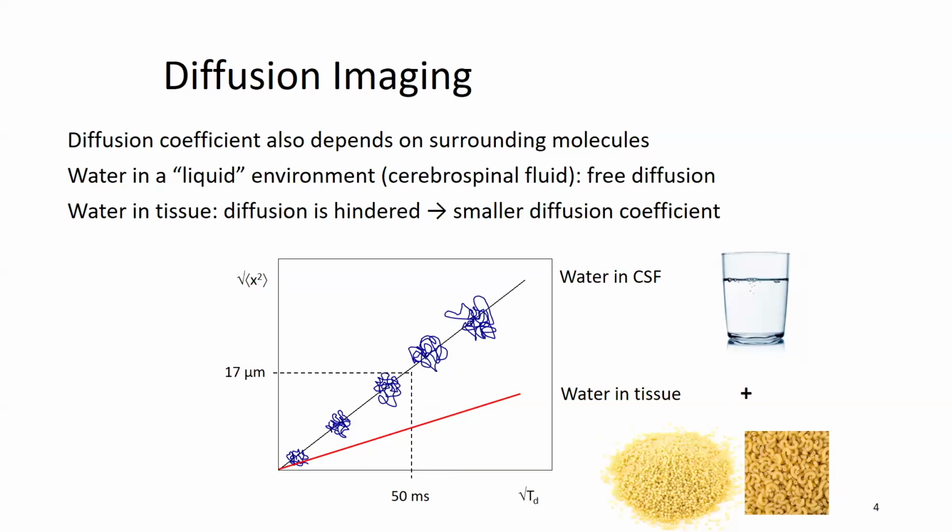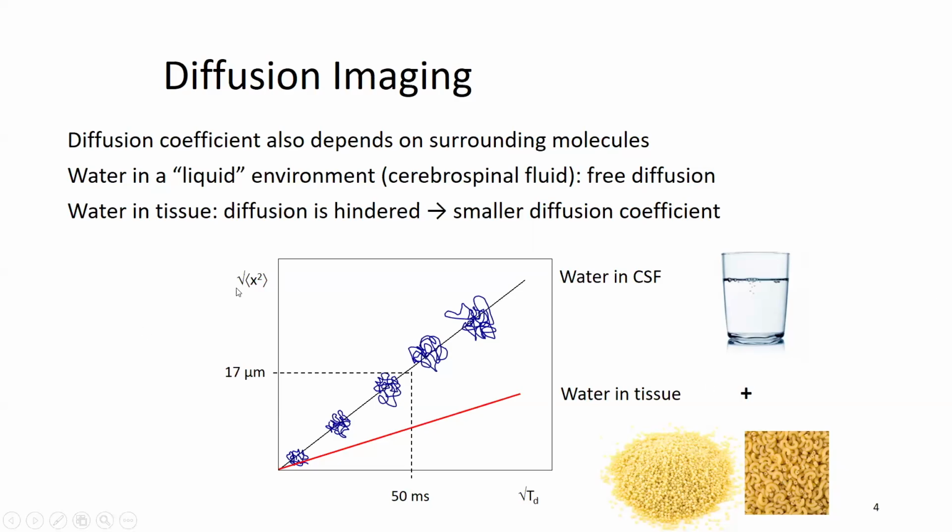So here there's CSF, and this is the tissue, approximated by the couscous or by the macaroni. So the strength or how fast this diffusion is, we call the diffusion coefficient or the diffusivity.